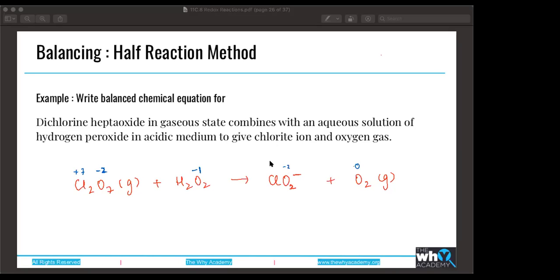Cl is plus 3, because the oxygens are minus 2 each, total of minus 4, so this will be plus 3. For oxidation it will be minus 1 to 0, right? Because the chlorite ion does not change. Yeah, correct.